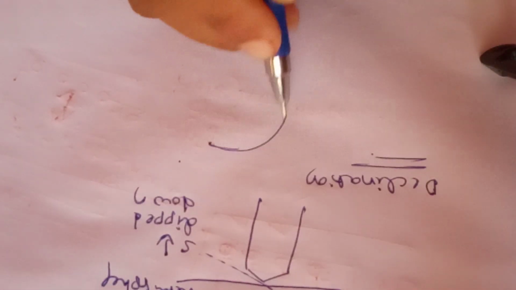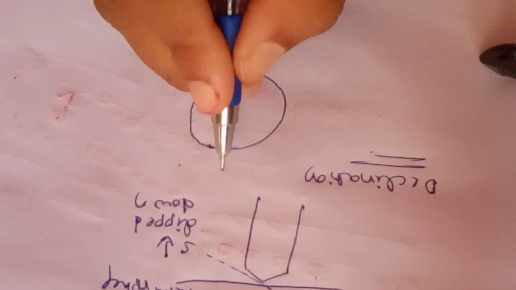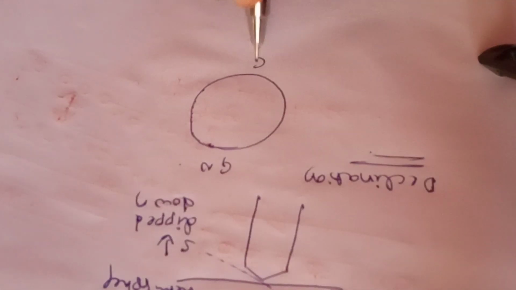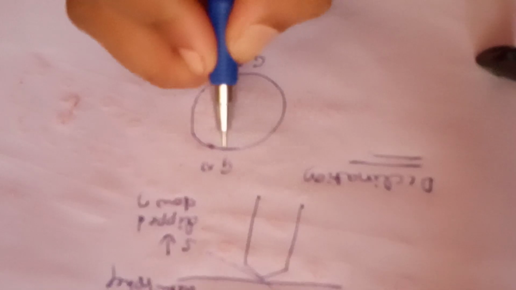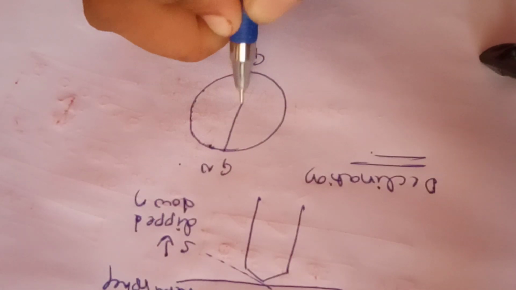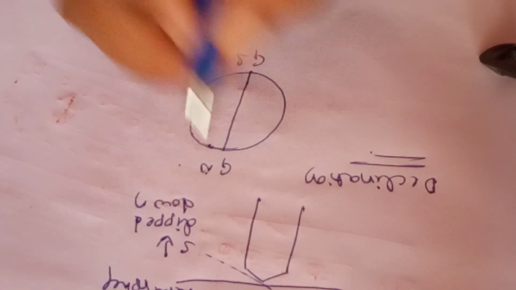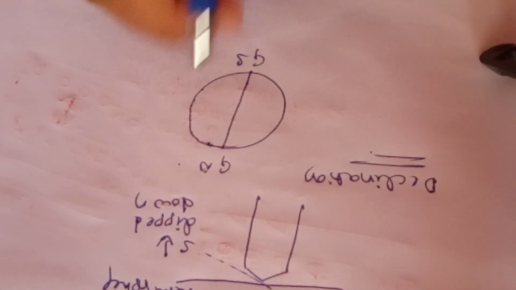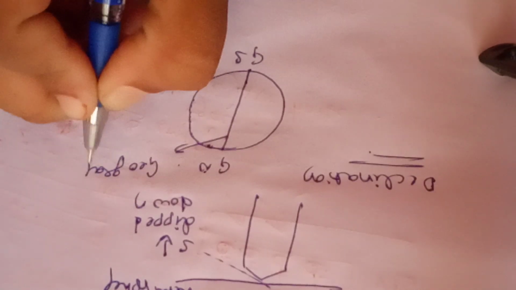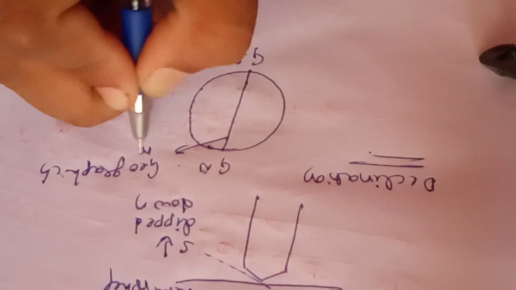Now earth, geographical north, geographical south. The straight line which joins geographical north to geographical south, we call it as geographic meridian. What is geographic meridian?